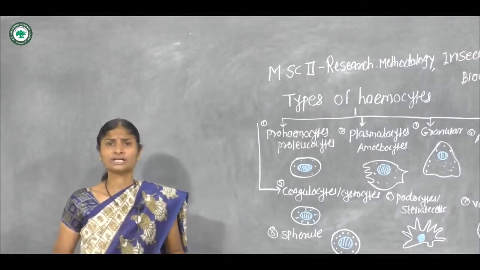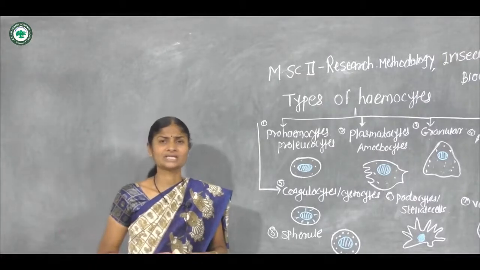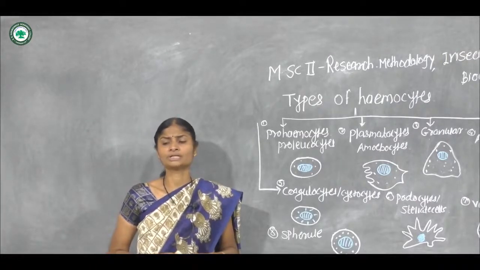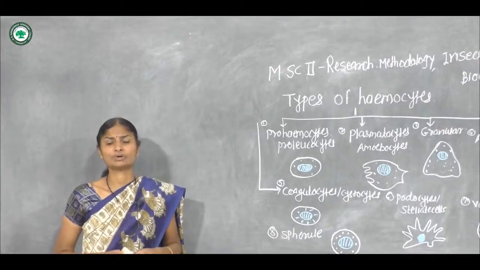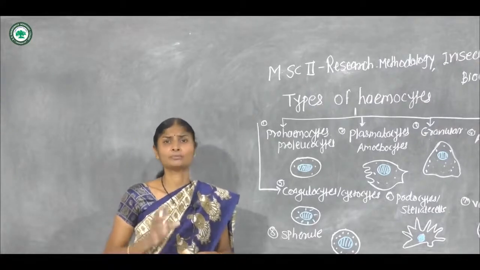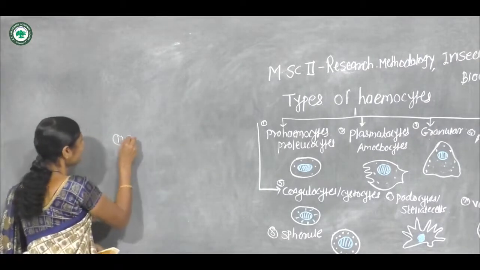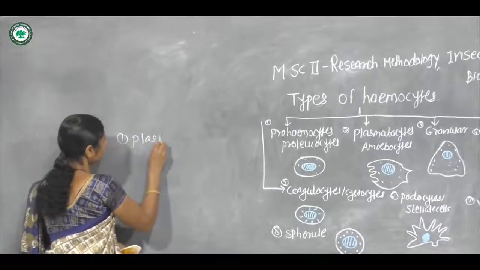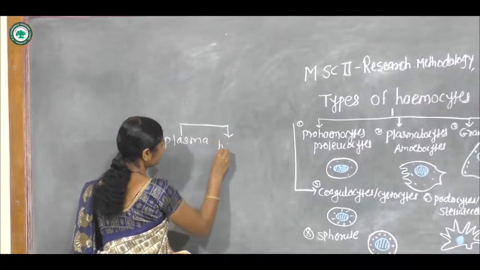The composition of hemolymph in insects varies depending upon the diet, temperature, and stages of development.